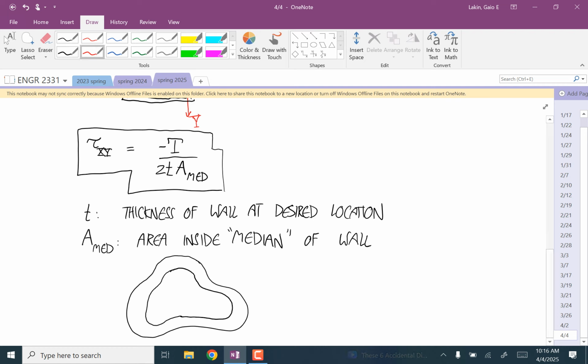But the median of the wall is just, think of it as where the stripe on the road would be. Okay, so that's the median. And then the median area is, forget about the fact that it's hollow, it's just the area inside this. I'm going to be cross-hatching this the rest of the day.